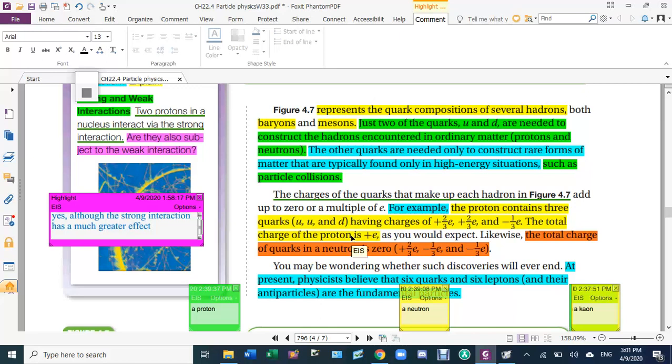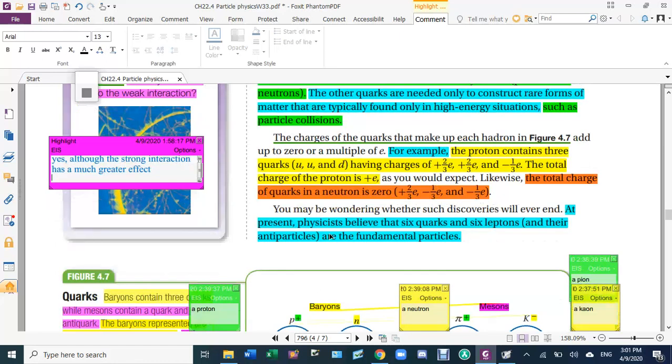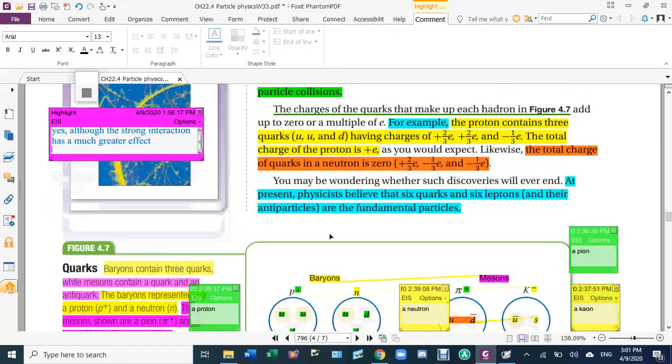The other quarks are needed only to construct rare forms of matter that are typically found only in high energy situations.